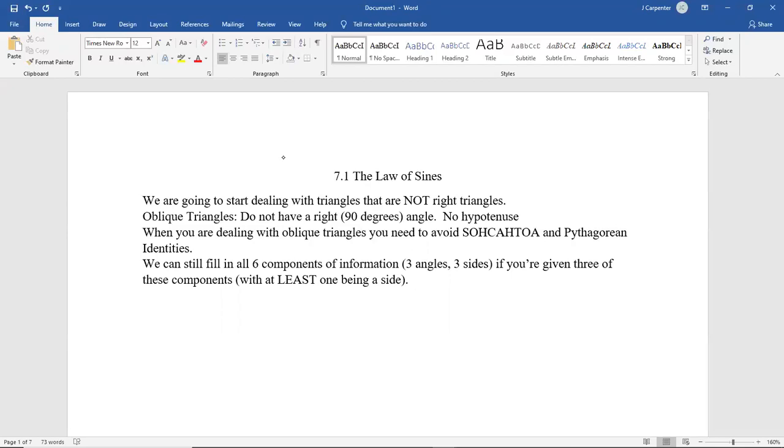All right, so why do you have to have at least one side? I'm going to write some stuff that's going to be erased. Here is a right triangle. I know this isn't supposed to be dealing with right triangles, but we can still use the explanation. This is going to be the 3, 4, 5 triangle. And then I've got another triangle over here, and this is going to be 6, 8, 10.